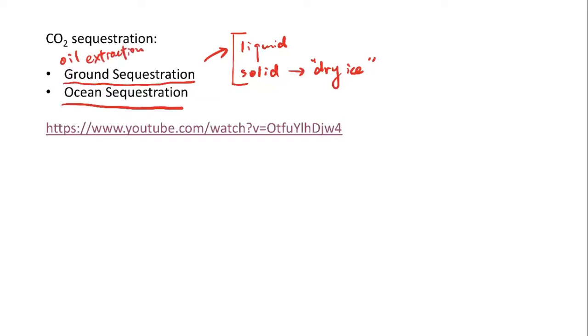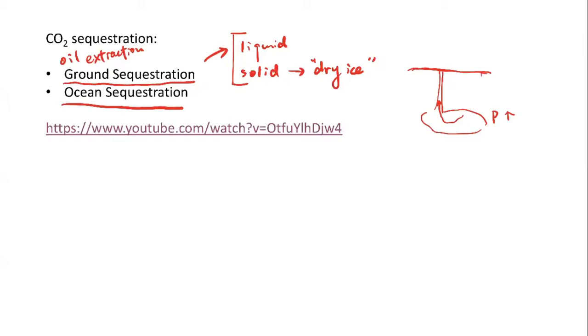For a lot of oil fields, when extracting the oil, at first the oil might be pumping itself because the pressure is so high. Let's say this is the ground, and this is the oil, and we drill a hole down into the ground. At first, the pressure here might be pretty high, so it directly pushes the oil outside. But as we extract more oil, the pressure gets lower and lower, so we have to use some techniques to press the oil out.